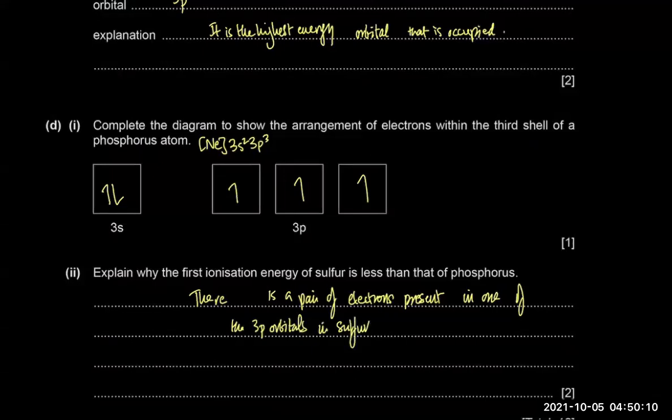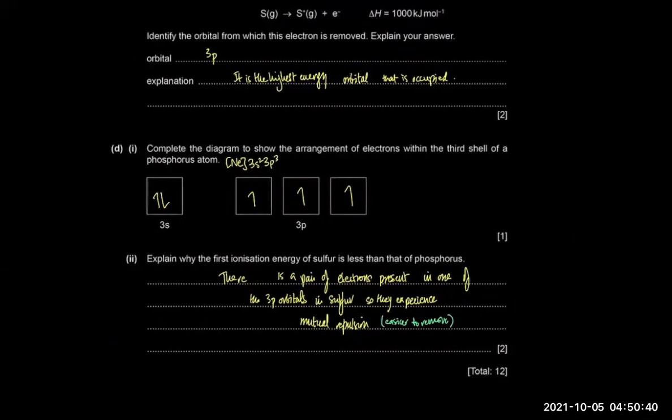So they experience mutual repulsion from each other. Hence, it's easier to remove. I'll write that in parentheses. In phosphorus, they're all unpaired, so they're not easy to remove.